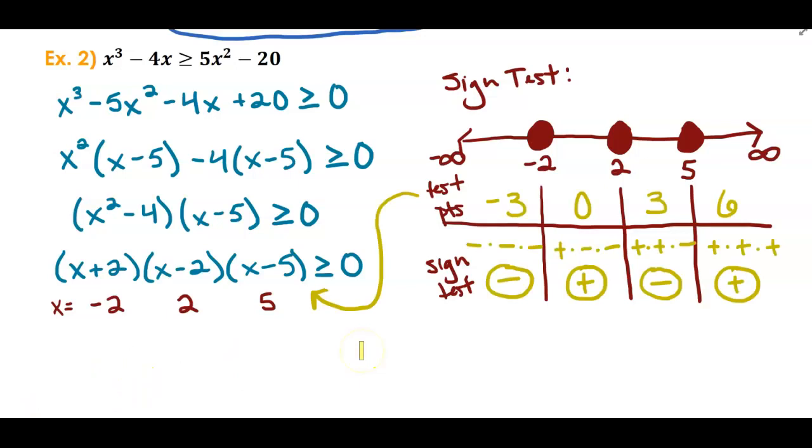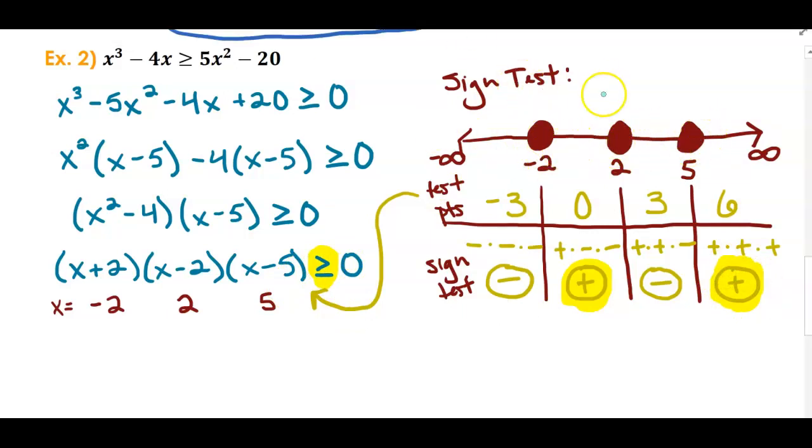Regardless of what test points you picked, once you complete the sign test, it should look something like mine. Again, it looks like I'm flipping back and forth between negative, positive, negative, positive. So how do we come up with our final answer? Well, we're looking for where this polynomial is greater than or equal to 0, and so I'm looking for plus signs, and then I incorporated the or equal to by having closed circles at my x-intercepts on my number line.